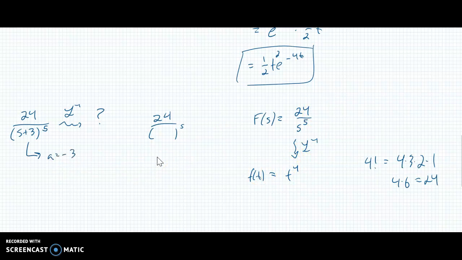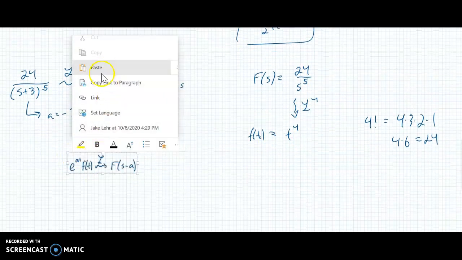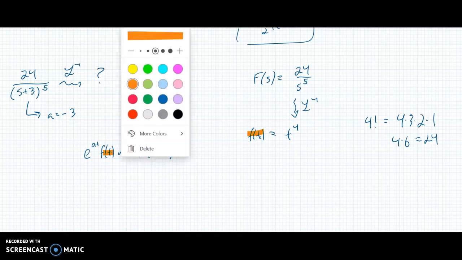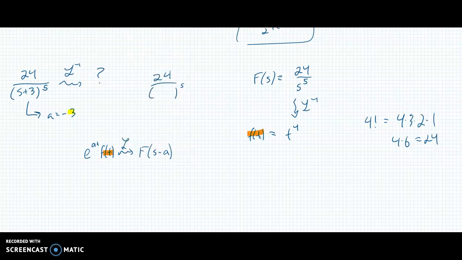A is -3. So if I look at this right here, and I take this piece as that, and I take a as -3, then I wind up getting that this inverse Laplace is 2 e to the -3t times f of t, t to the fourth.